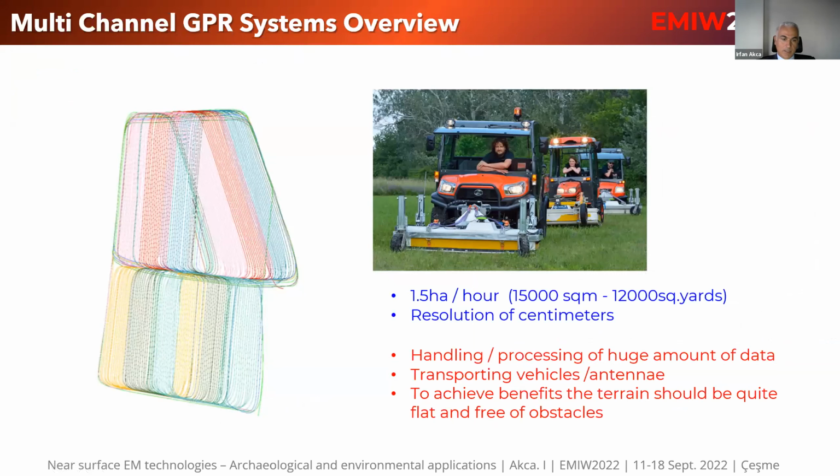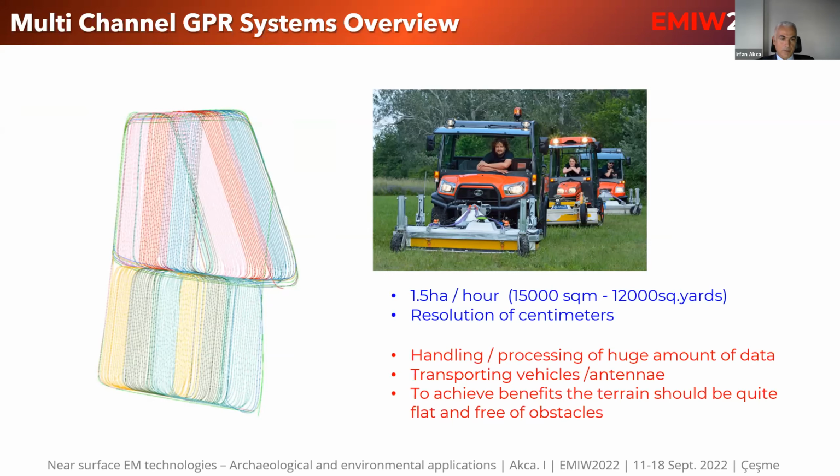Okay, let's make an overview about multi-channel systems. If you use a multi-channel GPR system, it provides more resolution, and if it's equipped with a motor vehicle, it also increases the area scanned in unit time.